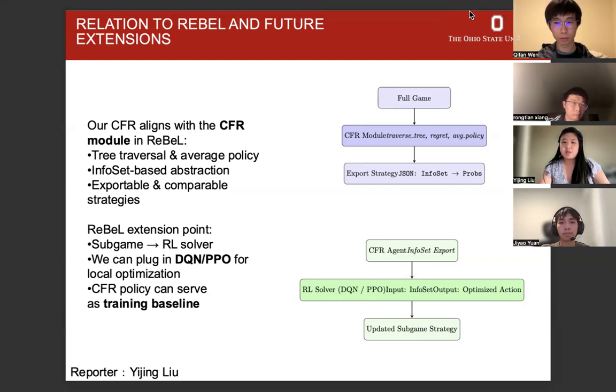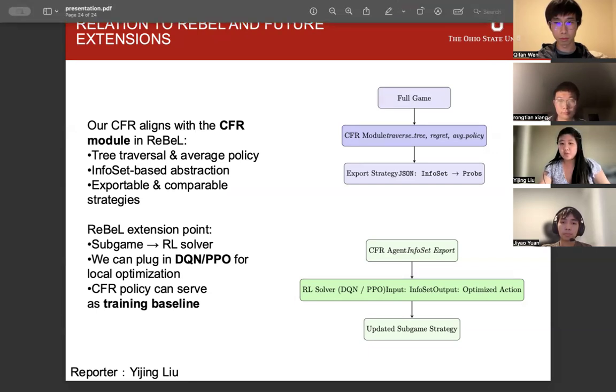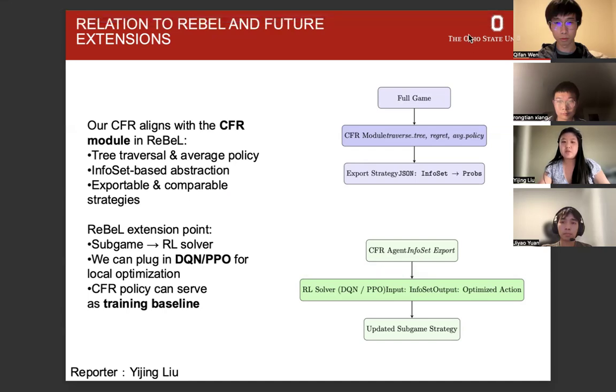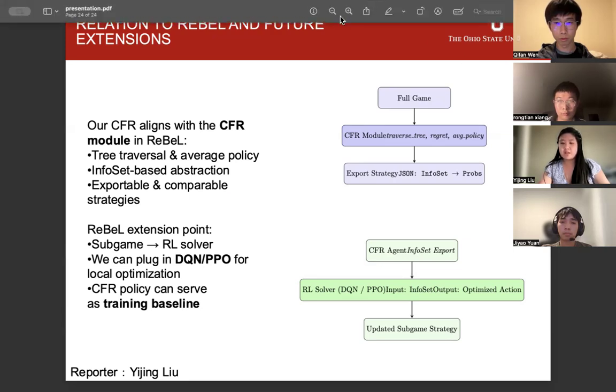We implemented tree traversal and average policy updates, which are core parts of the CFR module in ReBeL. We use information set-based abstraction to represent decision points in the imperfect information game. And we also enabled strategy exports so policies can be saved and reused in future modules.